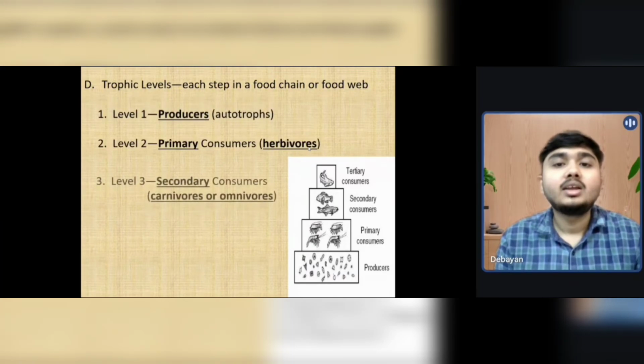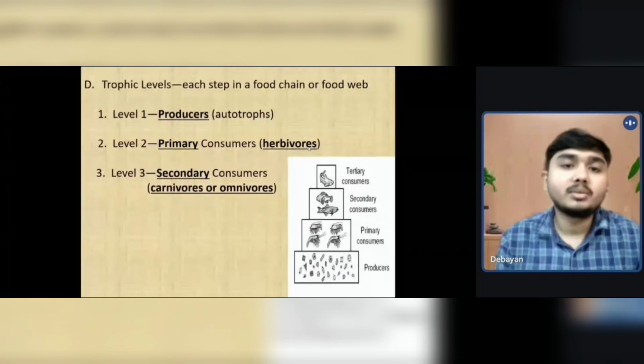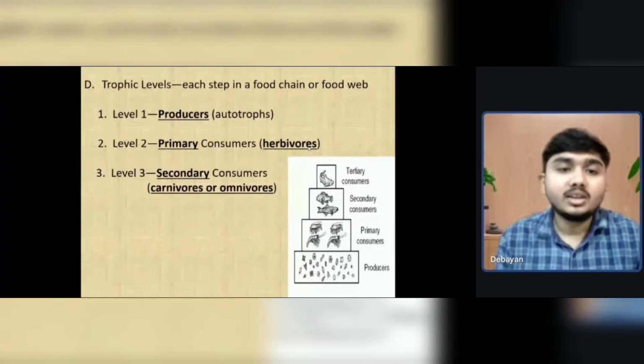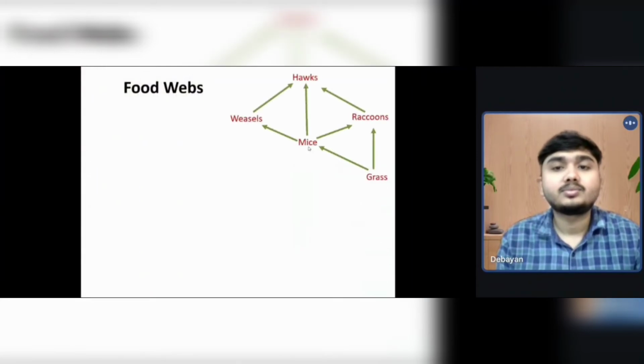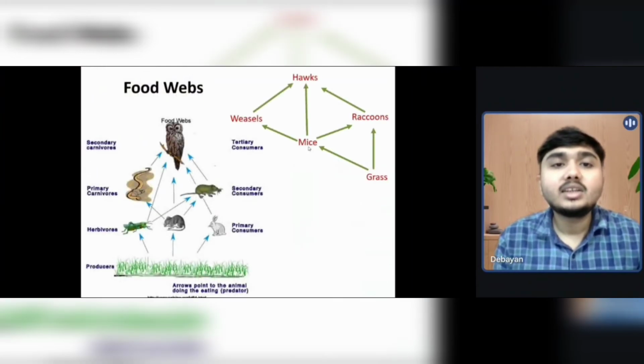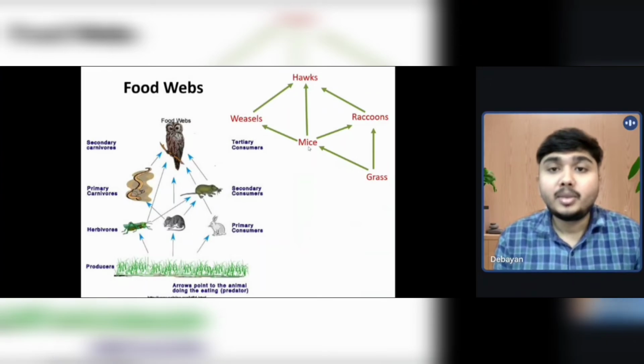You can see these diagrams. The first level is producers, second is primary consumers, level 3 is secondary consumers, and level 4 is tertiary consumers. Here is an example of a food web. Hogs are the main tertiary consumer.